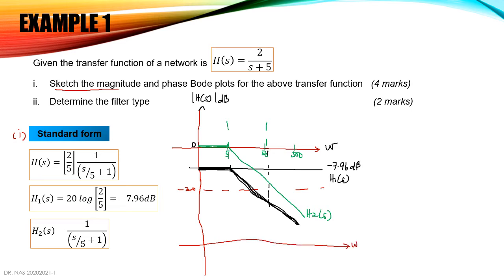Okay, so you have the constant, so it's 0, and then you have a pole at 5, and then 50. So a pole at 5 means that it has negative 45 degrees at 5, extended to 0.5, and the next decade is 50, so something like this.